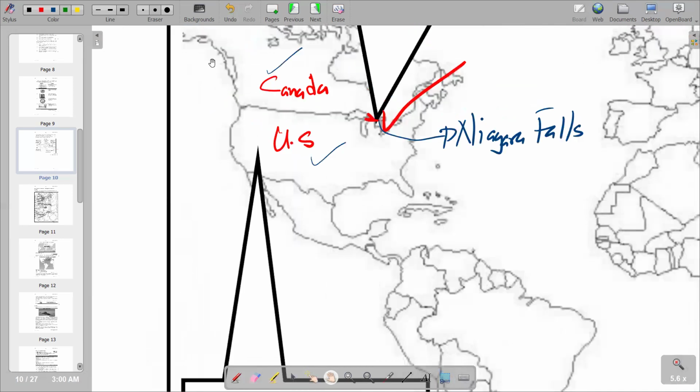We also try to indicate the name whereby we are saying this is the Grand Canyon. So basically, this is how we have identified the icons that have been represented on this map.